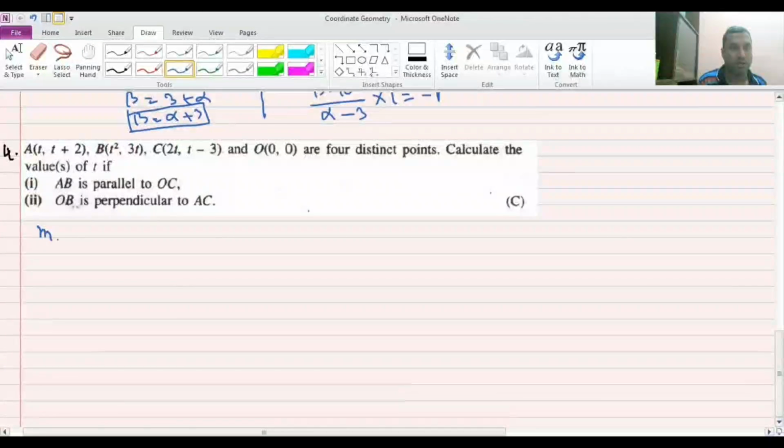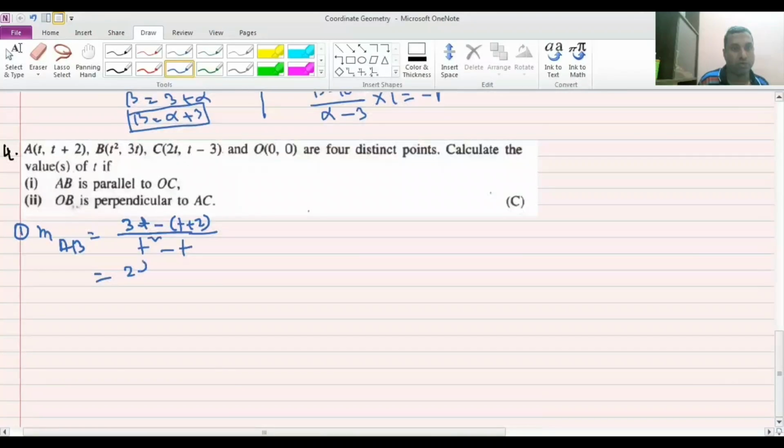Let me find out the gradient of AB. I'm solving number 1. Gradient of AB equals (3t − (t + 2))/(t² − t). So let us simplify: (2t − 2)/(t² − t).